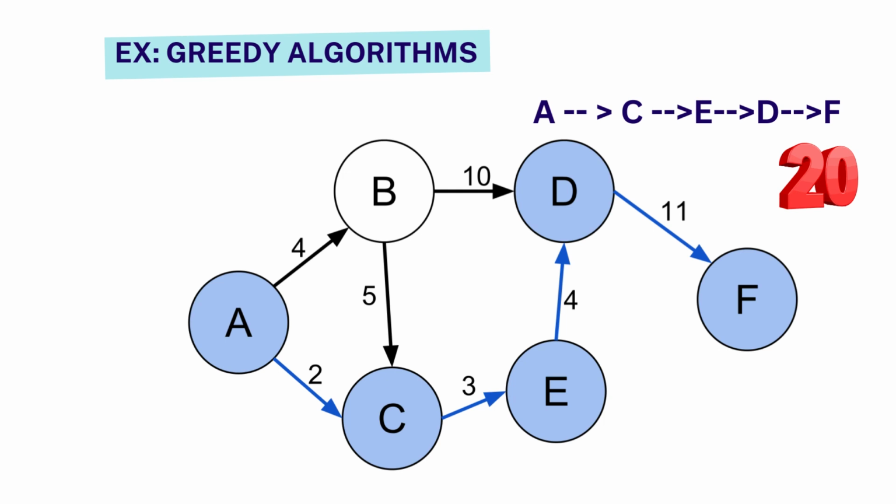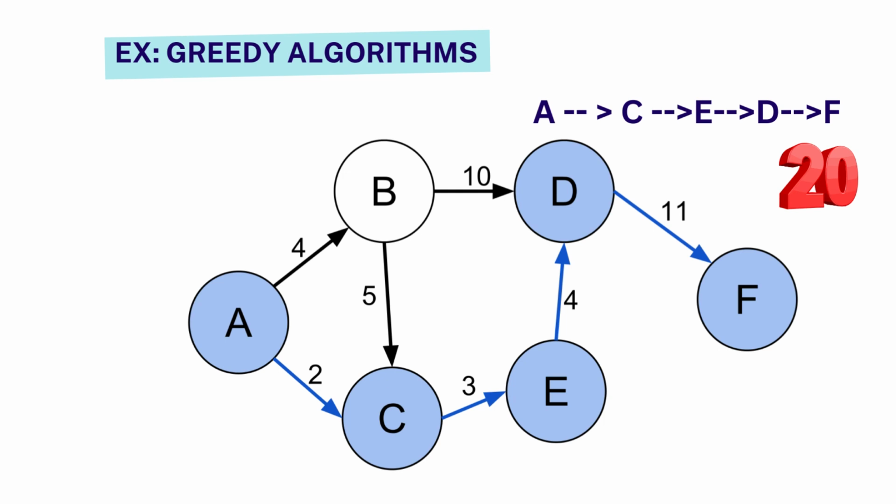So what are the other possible options here? Another possible option is A, B, C, E, D, F. On that pathway, the total weightage is 9 plus 3 is 12, 12 plus 4 is 16, 16 plus 11 is 27, which is higher than ACEDF.